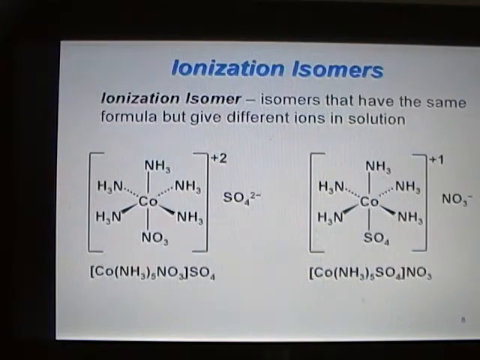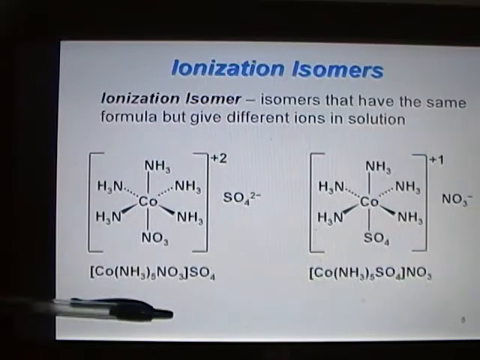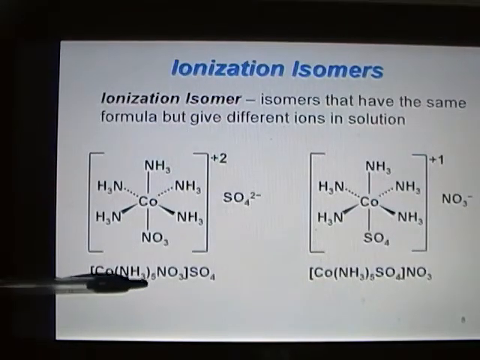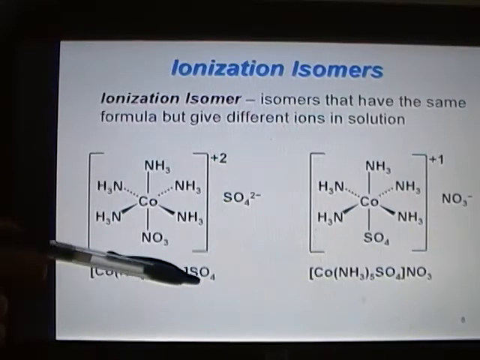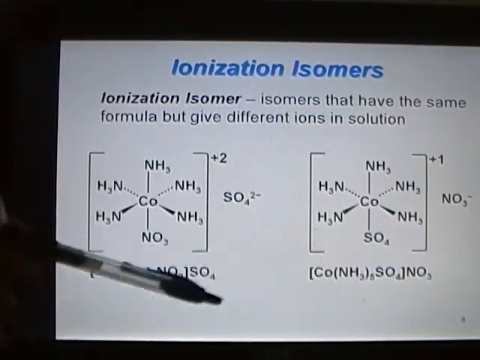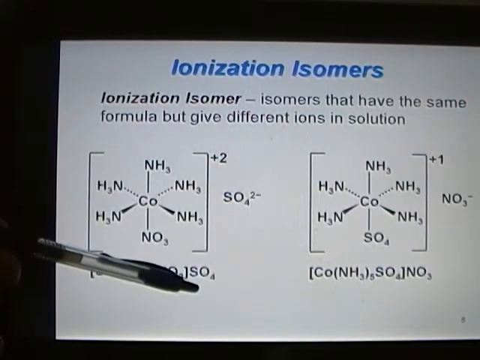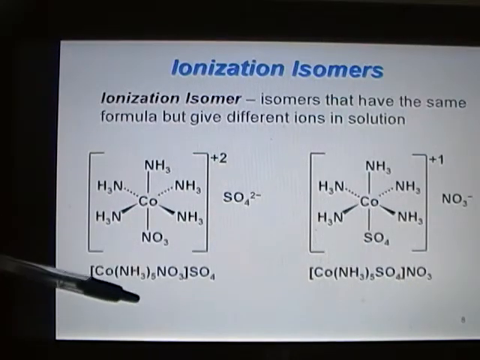Ionization isomers. This group of isomers have the same chemical formula but give different ions in solution. 2 examples for you to consider are [Co(NH3)5NO3]SO4, with the complex ion and SO4 being outside, satisfying the primary valence.